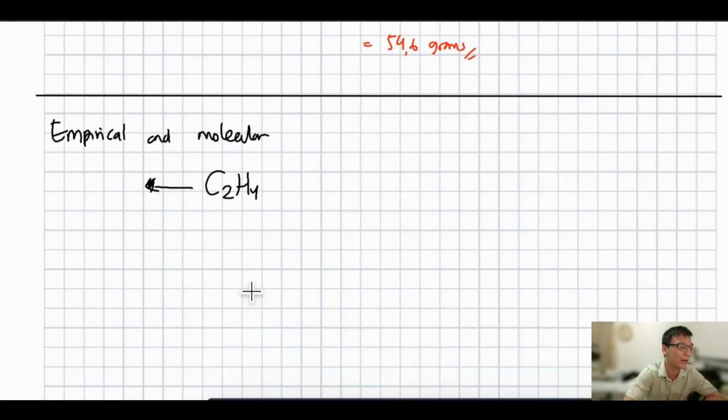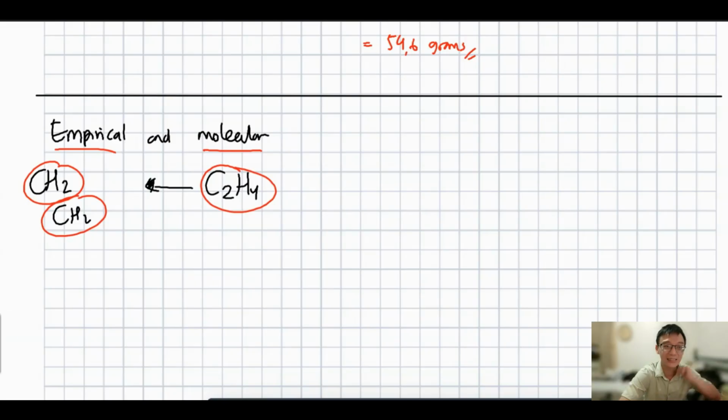Actually you can simplify the numbers. If you divide everything by 2, you get CH2, right? So just like two CH2s combined together become C2H4. CH2 is the simplest form, so it is called the empirical formula. While C2H4 is the actual shape, so it's called the molecular formula.